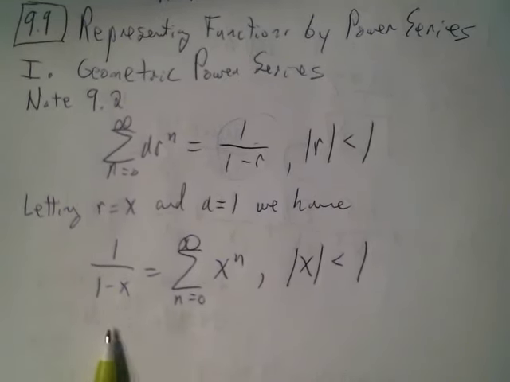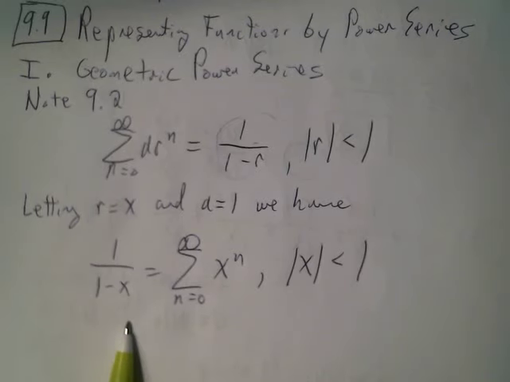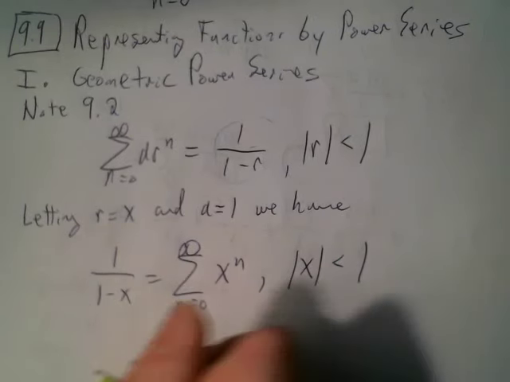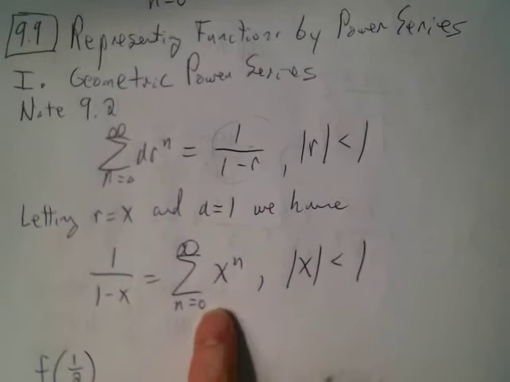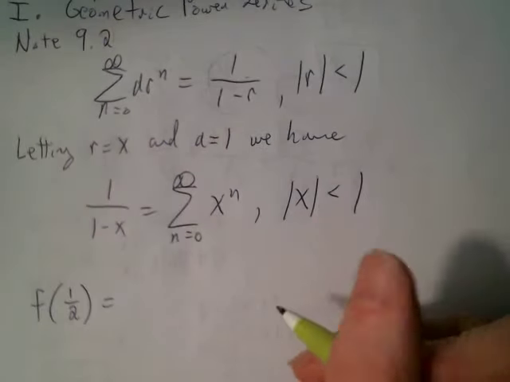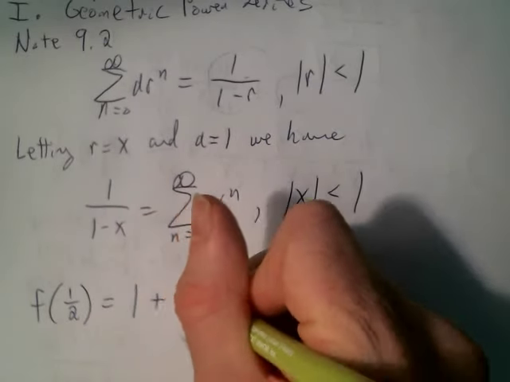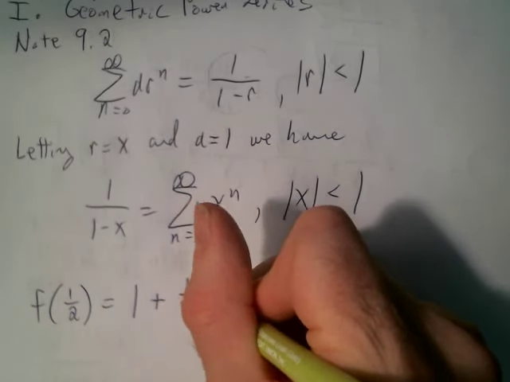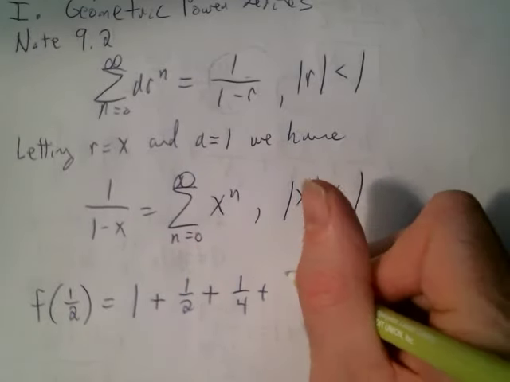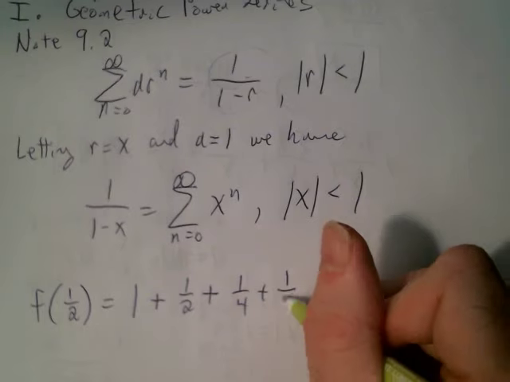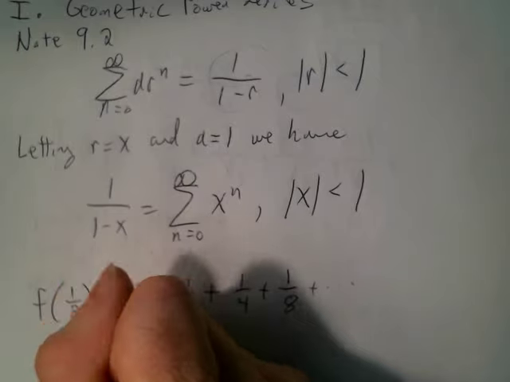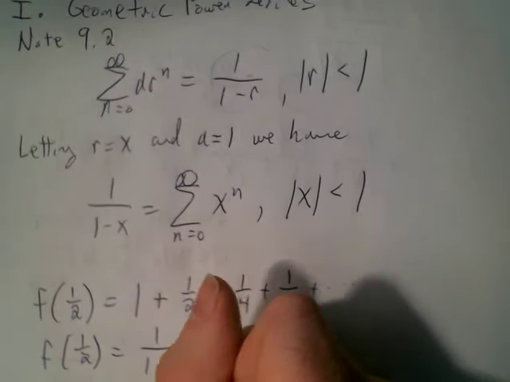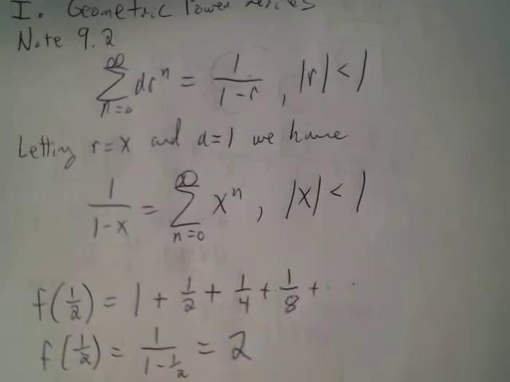The only problem is this representation isn't very useful because if I was trying to figure out f of 1/2, I most certainly wouldn't plug it in over here and say that's equal to 1 plus 1/2 plus 1/4 plus 1/8 plus... No, I would say this is equal to 1 all over 1 minus 1/2, which is equal to 2, right?